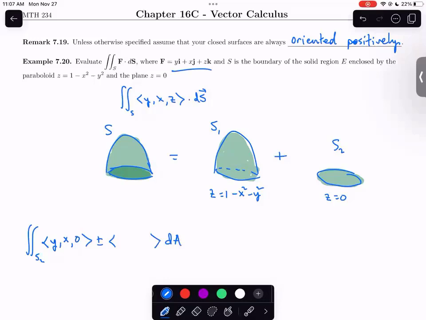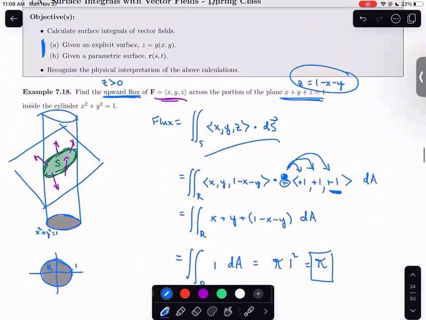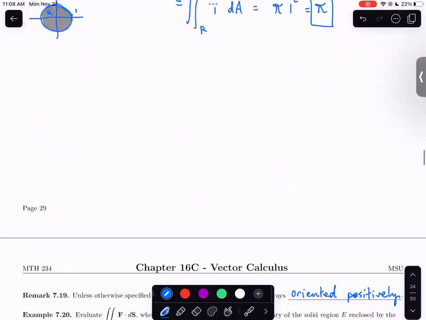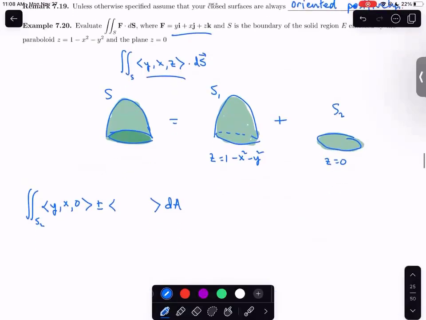Getting ahead of myself a little bit here. So on S2, the surface equation is z equals 0. Notice for my vector field, everywhere I saw a z, I put 0. That's very similar to our last one, where we had a more difficult equation, but everywhere I saw a z, I plugged in the surface equation. Now I need to find my normal vector.